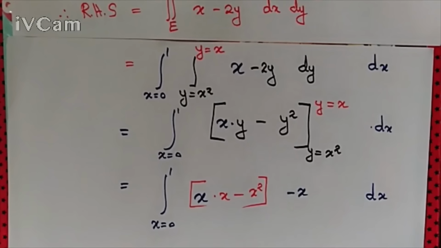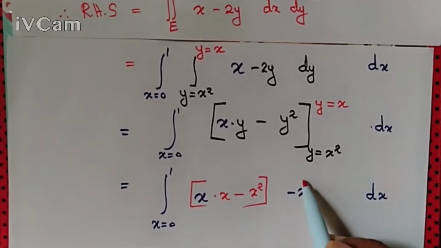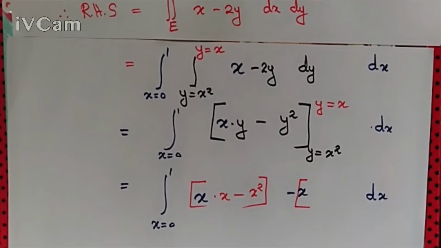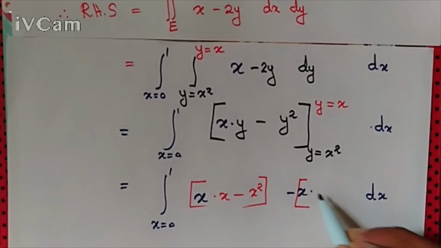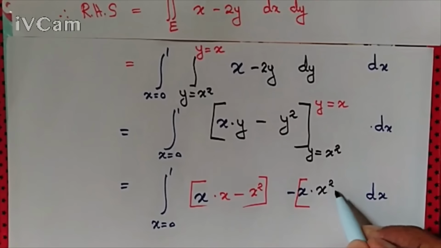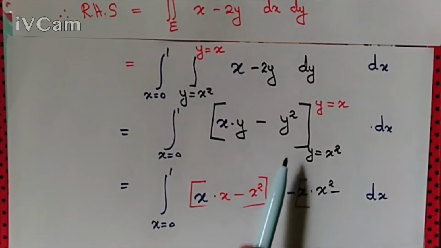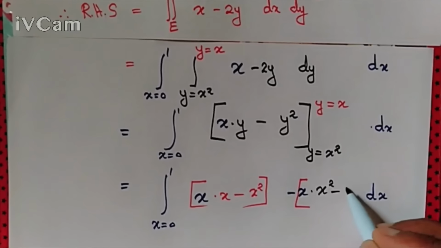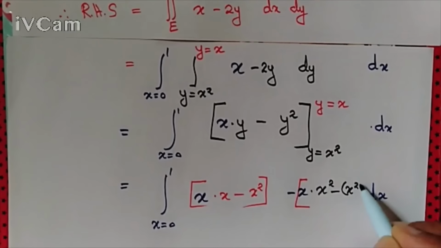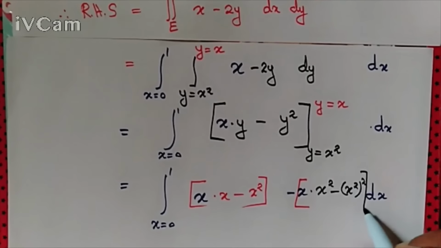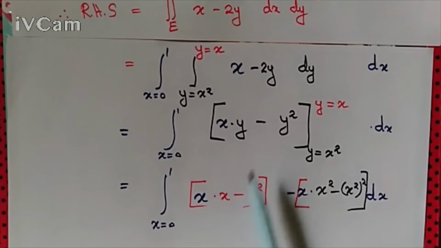Then if we put lower limit, x as it is, y equal to x square. Instead of y, we need to write x square, but we have y square there. Once again, let's check it. x as it is.